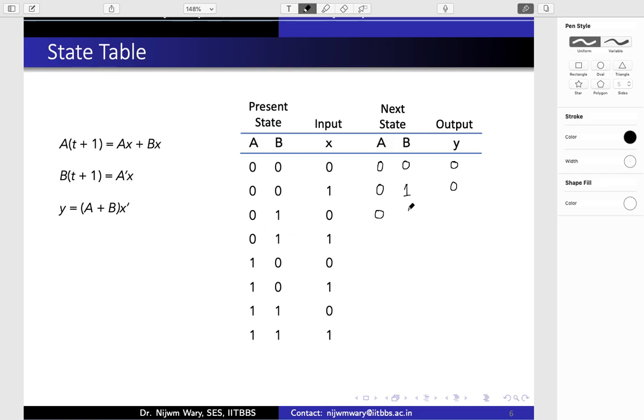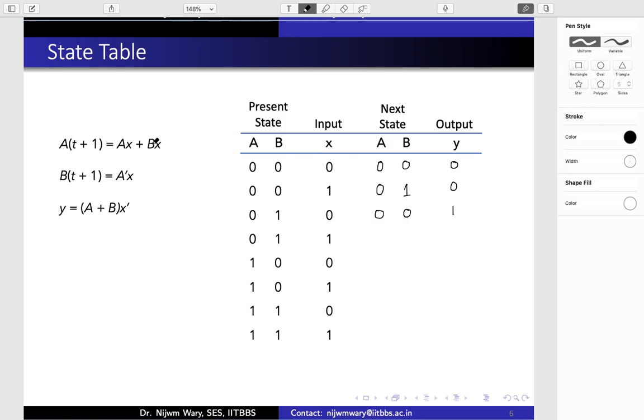And Y in this case is 0 1 and X complement, where X complement is 1, so it is 1, right? So the next one is 0 1 and 1.